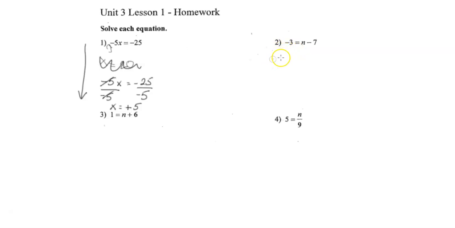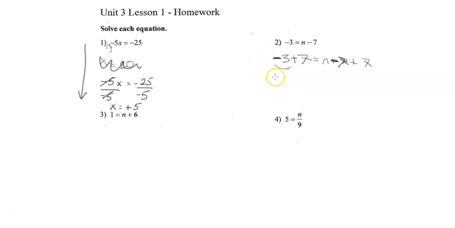Wait, that's got to be minus 7 plus 7, right? Yep. This makes negative 3 plus 7.